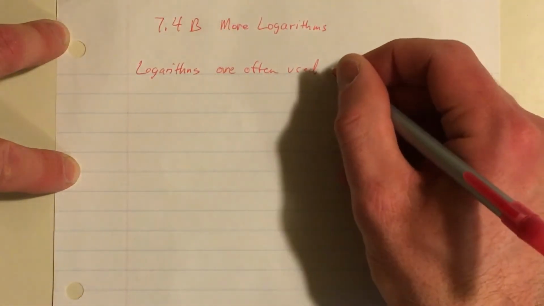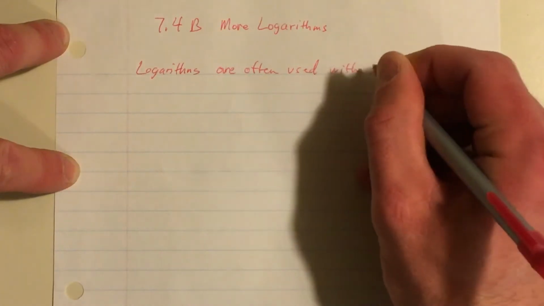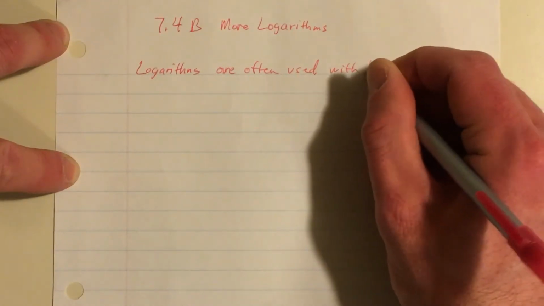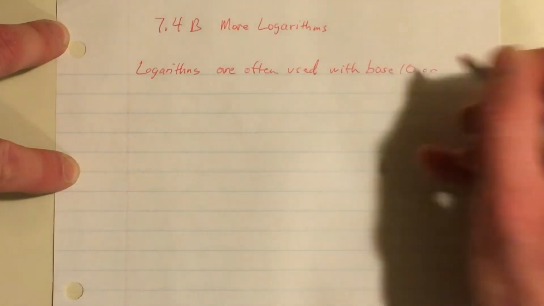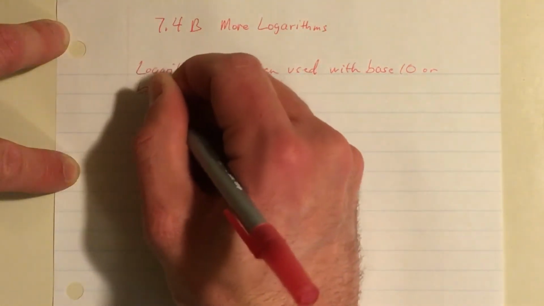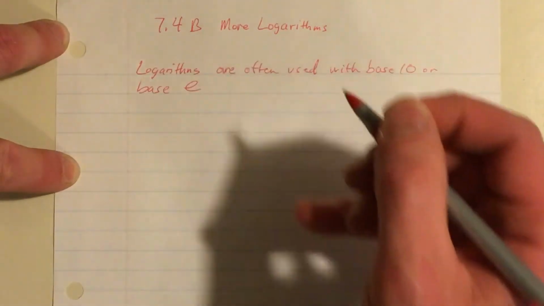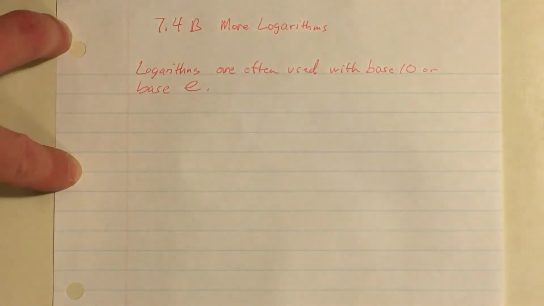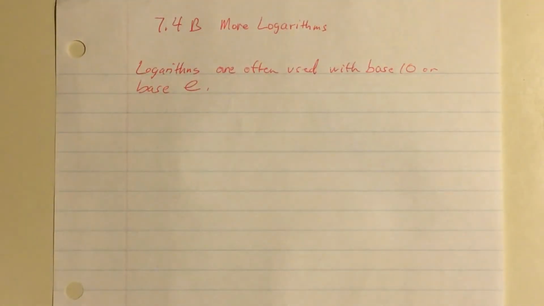Logarithms are often used with base 10 or base E. So just a reminder, every logarithm that you write has a base to it, because it's related to exponential functions and they have bases. So they're often used with base 10 or base E.